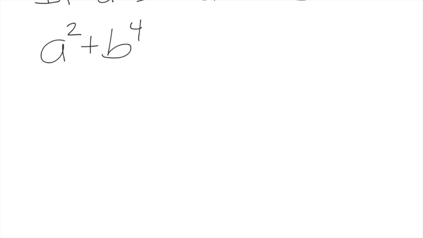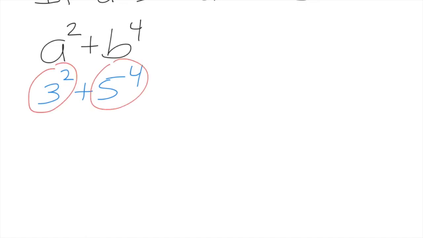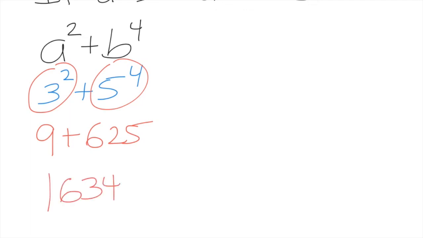So A is equal to 3. So this is going to be 3 squared. Plus B to the fourth, since B is 5, this is 5 to the fourth. We know by using order of operations, we will do our exponents first. So 3 squared is 9. 5 to the fourth is 5 times 5 times 5 times 5, which is actually 625. And 9 plus 625, well, that's 634.